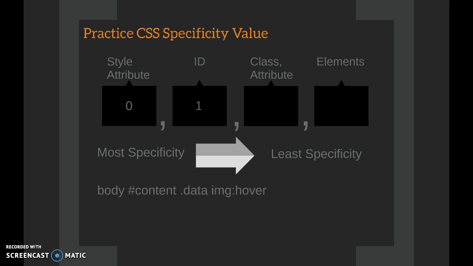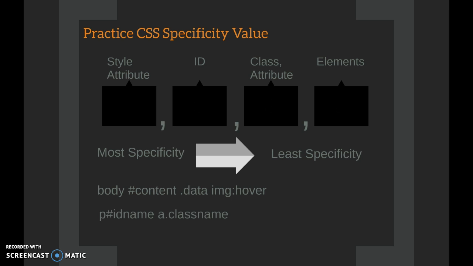There is 1. Then we're going to add 10 for each attribute. In this case, there are 2. We have 2 classes, data, and the pseudo-class, hover. And then we have 1 for each element name, body, and image. So this particular CSS has a specificity of 0122, or basically 122.